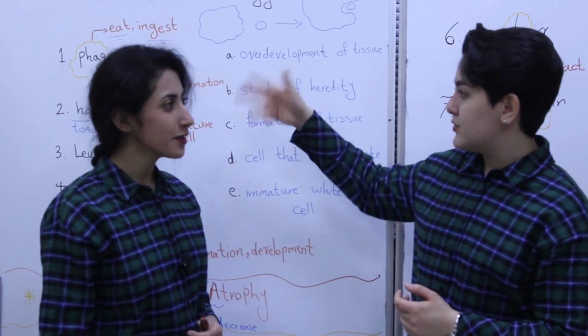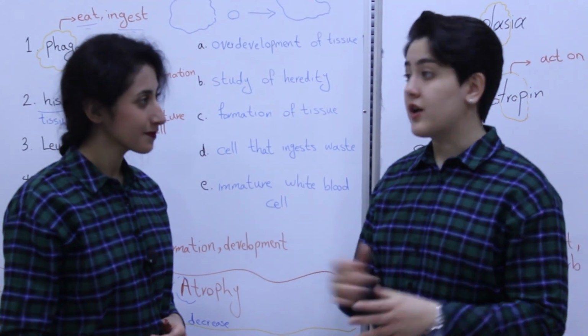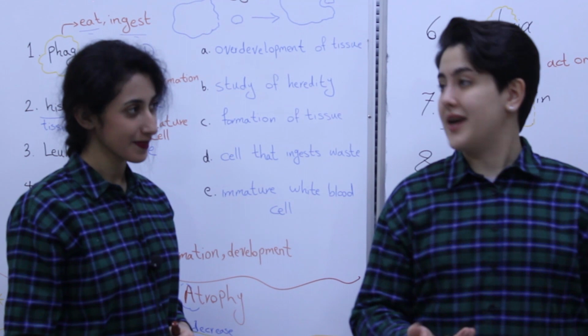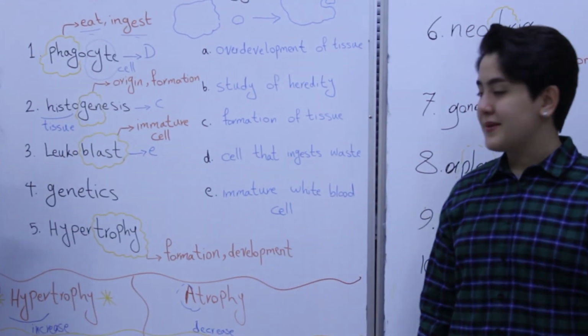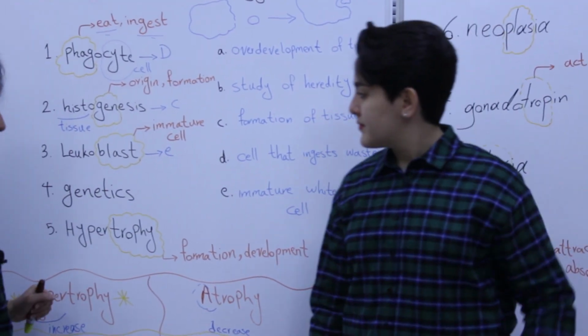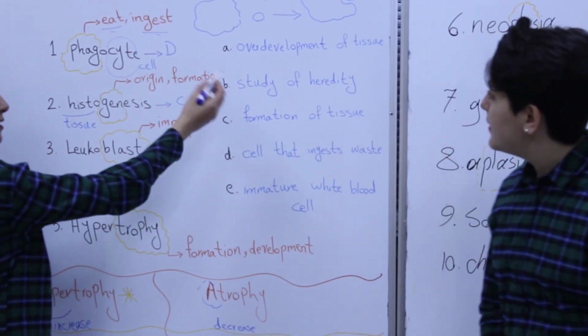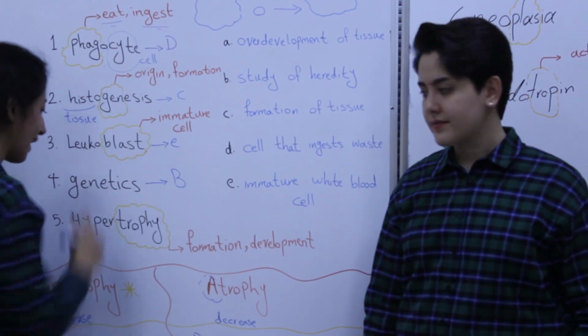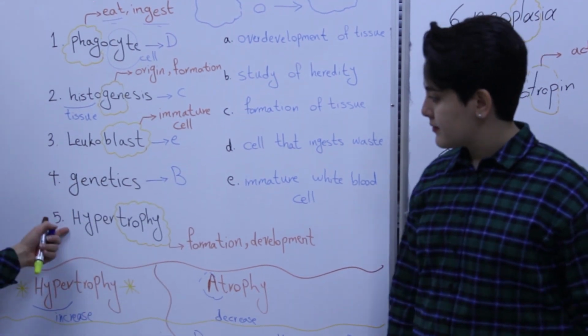So they are kind of stem cells. Yes, a kind of accumulation of the stem cells, which we have in blastocytes. Thank you. And the next one is genetic, that is the science and means the study of heredity. It's B.